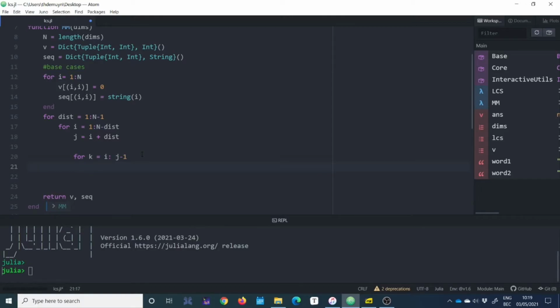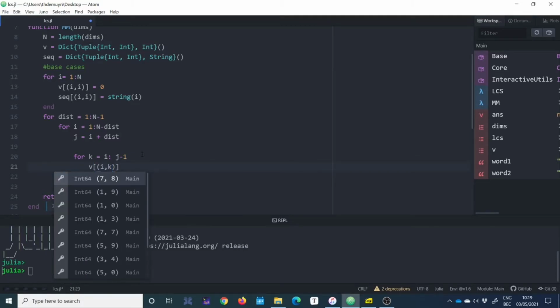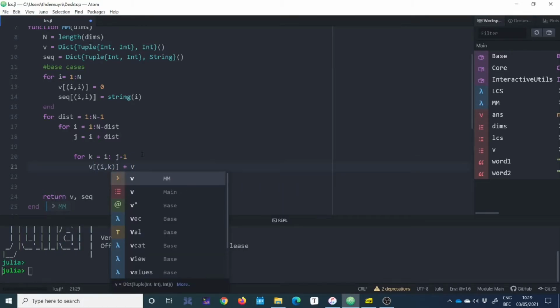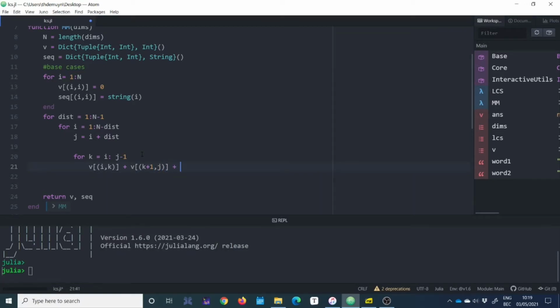I'm going to compute the value, which is v i k plus v k plus 1 j, plus the number of rows in I, which is dist I, the first element of this subvector.